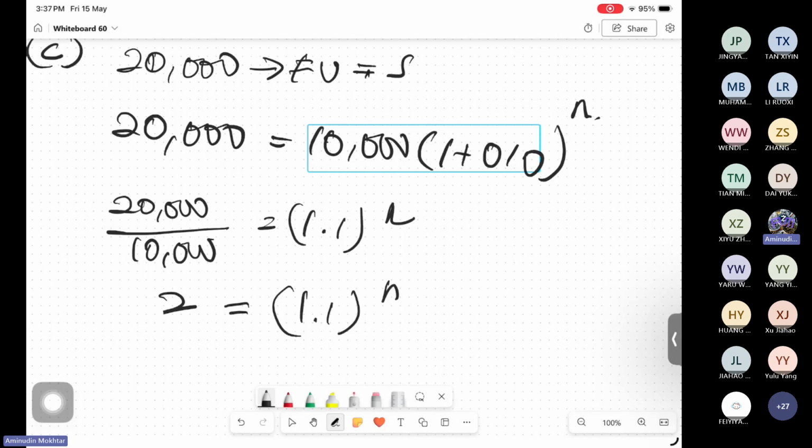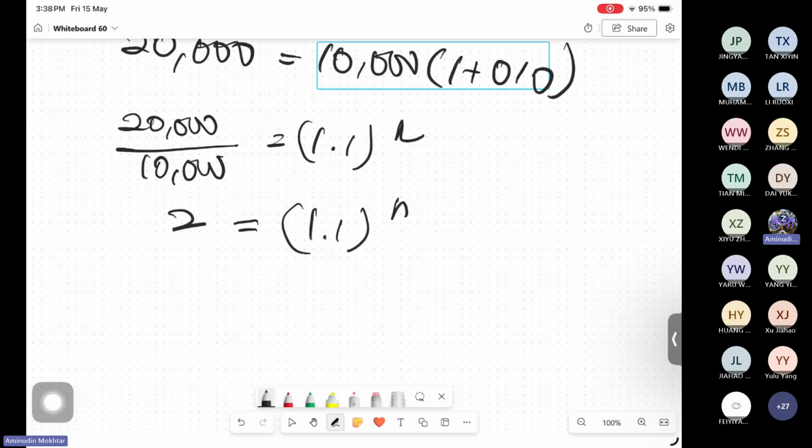Now we need to convert the equation into log, from the exponent into log. Please refer to page 1, topic 1, where we have a topic for exponent and log. In this case, you need to take log for the whole equation. For example, I will use natural log, that is ln.